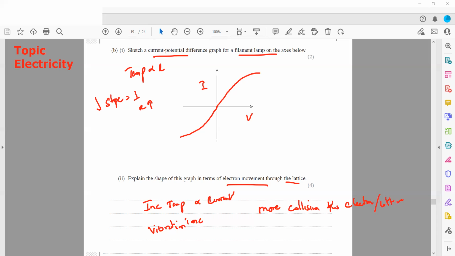As a result, the rate of increase in current with respect to potential difference decreases, or we can say the slope will decrease.